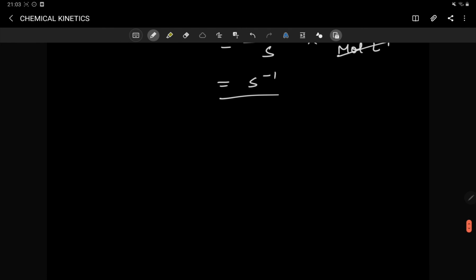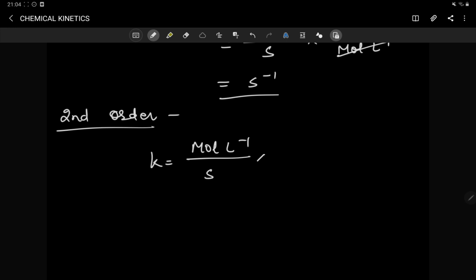Similarly, we can find out the unit for the second order reaction also. How do we do it? For the second order reaction, K is equal to mole per liter divided by second into 1 upon concentration raised to power 2, or you can say concentration square.